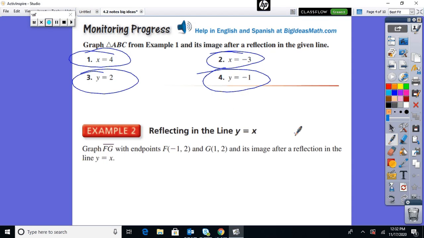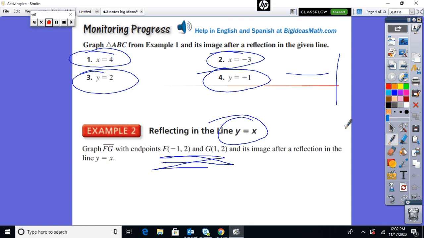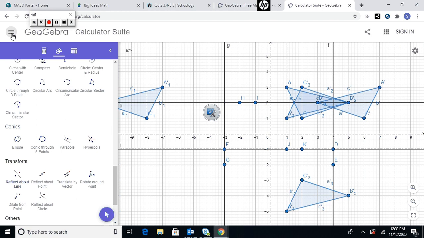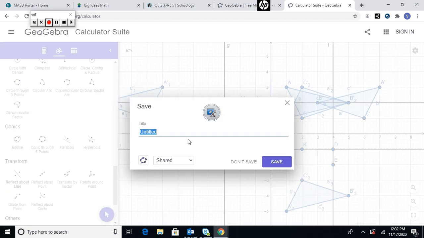All right, now example 2 is talking about the line y equals x. So not only will we have horizontal and vertical lines to reflect across, we're going to also look at the line y equals x. So now we're taking a segment. First off, go back to your GeoGebra, clear things up.